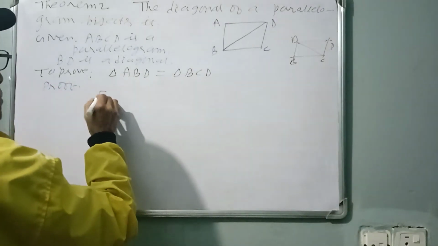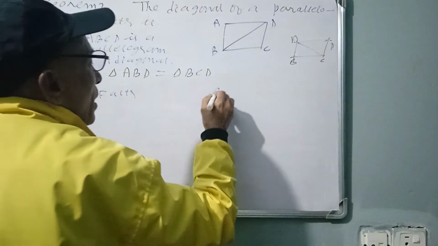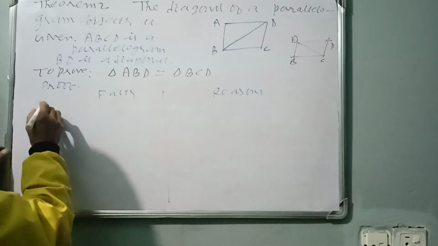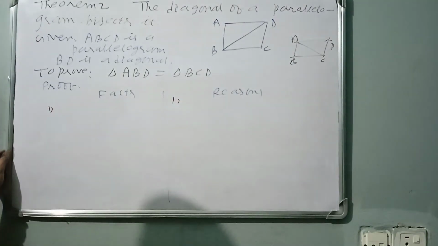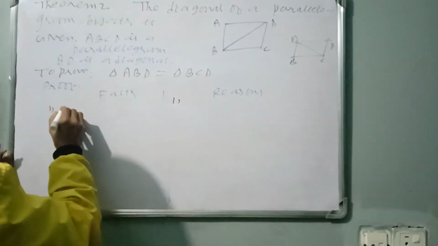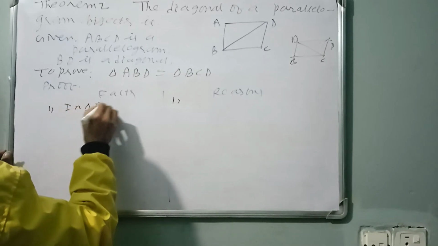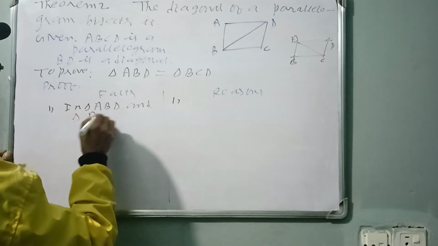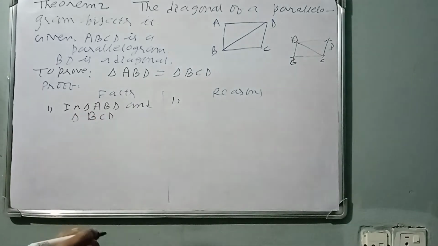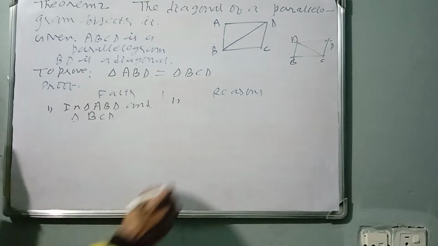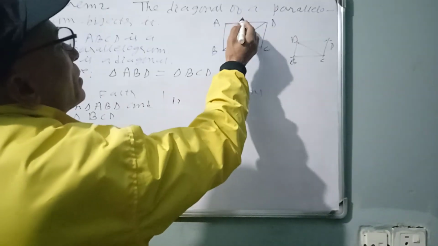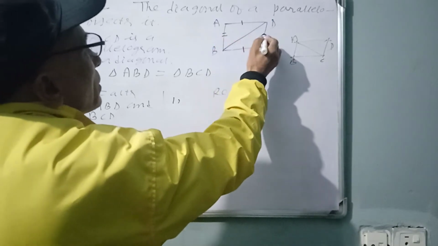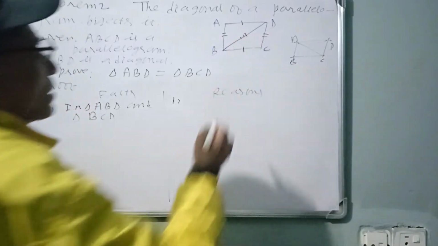For the proof, you have to write down facts and reasons. Fact number 1, these two triangles are congruent. In triangle ABD and triangle BCD, what fact can you write? Since it is a parallelogram, this side is equal to this side and this side equal to this side.